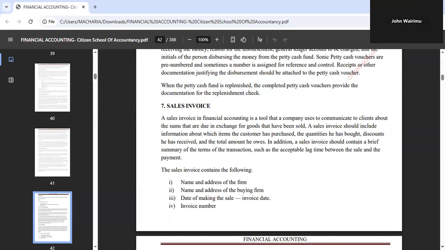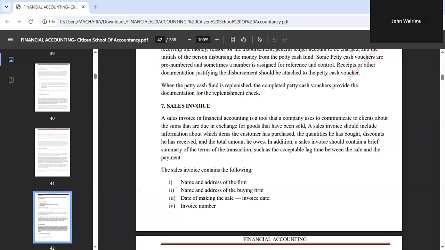A sale invoice in financial accounting is a tool that a company uses to communicate to clients about the sum that is due in exchange for goods that have been sold. An invoice is like a demand of payment, or I have offered this service, I'm giving you an invoice so that you make arrangements and pay me.